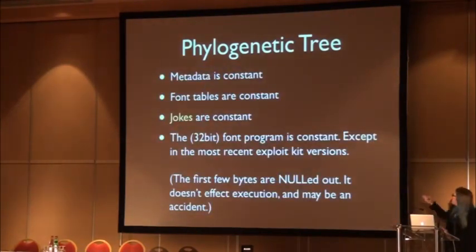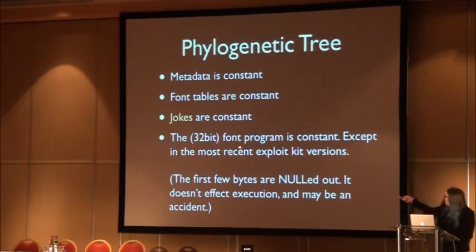And literally the metadata in the files is identical. All the font tables are identical, in the exact same places. All the jokes in the font are constant. I'll get to that. Whoever wrote this apparently spent a lot of time and put a lot of personal touches on the exploit.